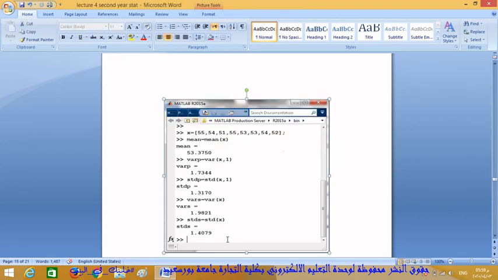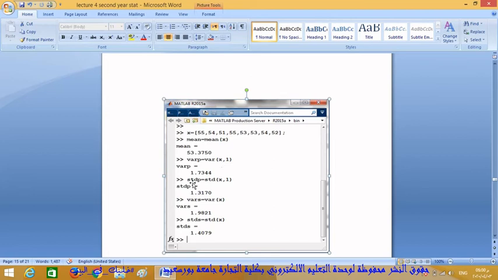Using MATLAB now, to compute the mean, use the function mean. So mean equals mean of x, and variance for population equals var of x and 1. var is a function to compute the variance. X and 1 gives the variance for population, not a sample.